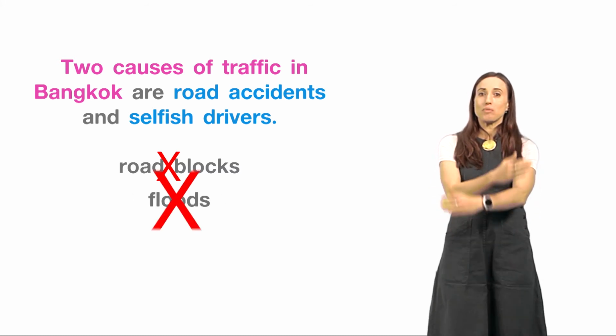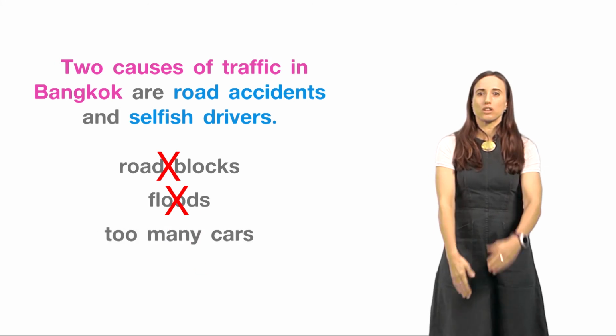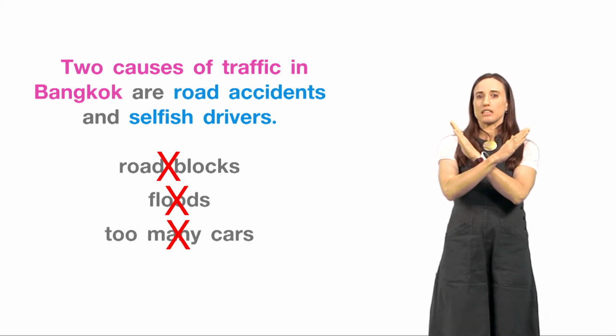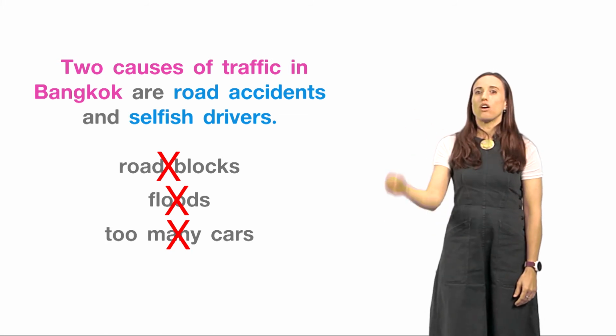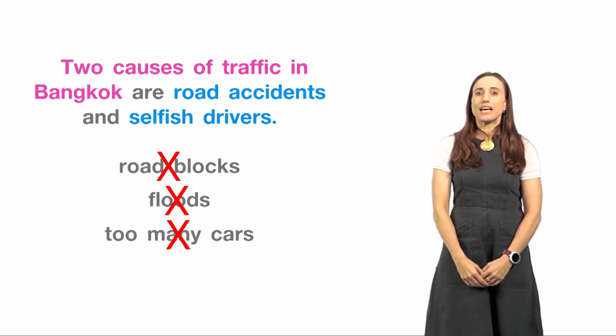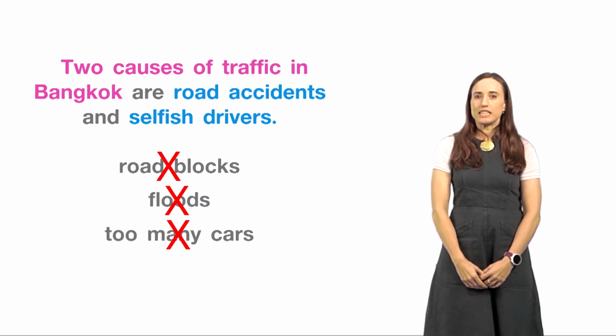It will not talk about floods. And it will not talk about too many cars as causes of traffic in Bangkok. If the author had wanted to talk about any of those causes, he or she would have needed to add them as controlling ideas in the thesis statement.